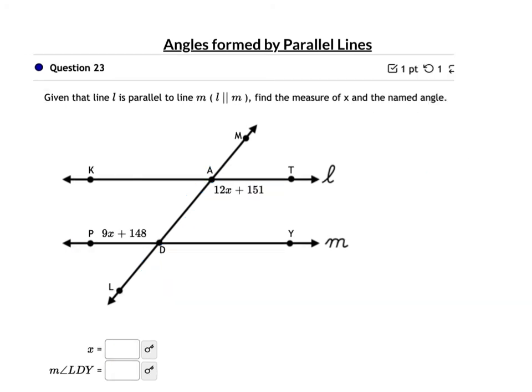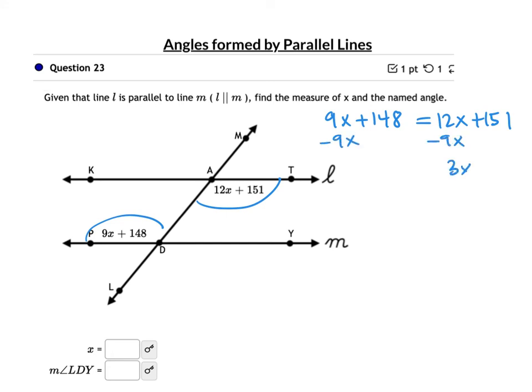Here we have a pair of alternate interior angles, and alternate interior angles are congruent. So 9x plus 148 is equal to 12x plus 151. How about we subtract 9x from each side, and this becomes 3x. And we'll take off 151.